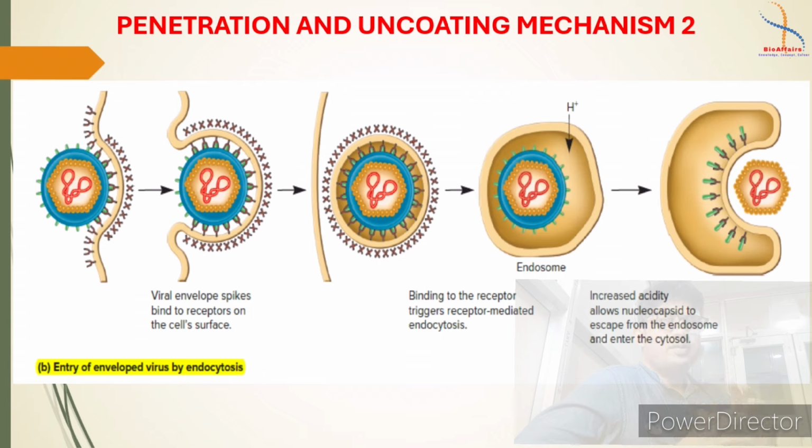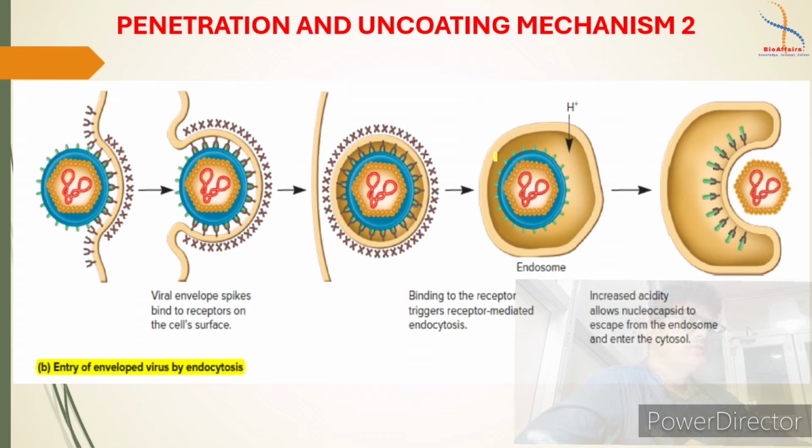Now coming to the entry of an enveloped virus by endocytosis or the phagocytosis process. Here the same virus, envelope, capsid, everything, will be entering into the animal cell. So the total virion structure, nothing is left outside.